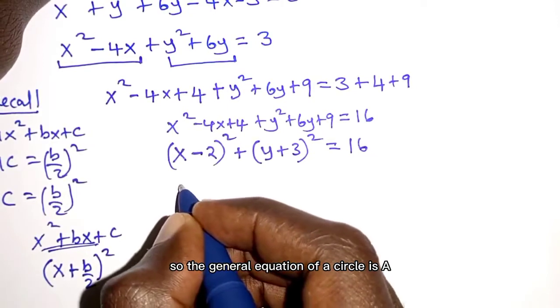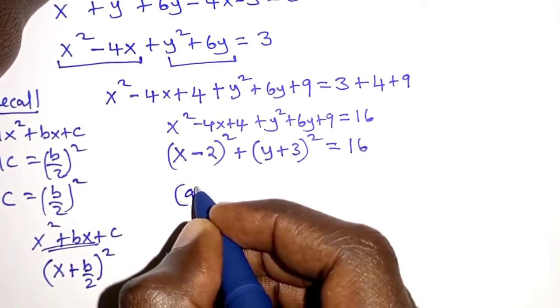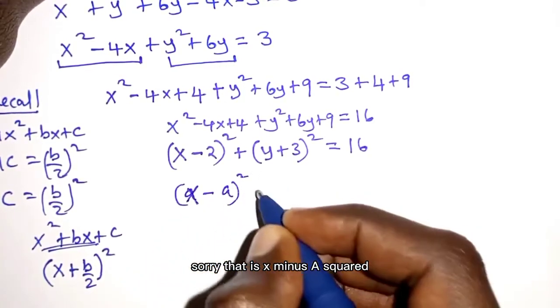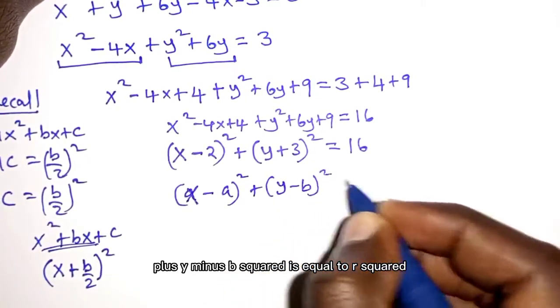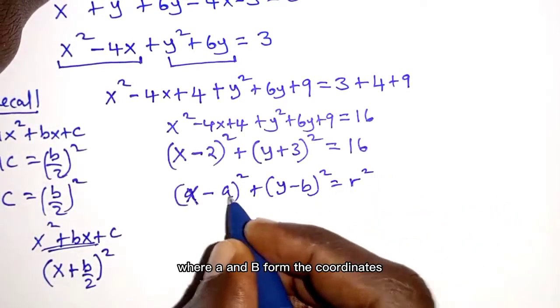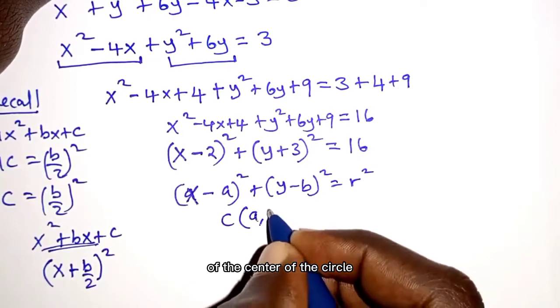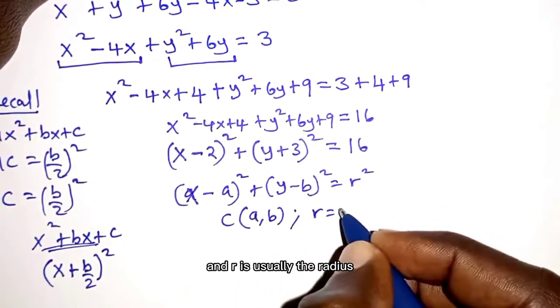So the general equation of a circle is x minus a squared plus y minus b squared is equal to r squared, where a and b form the coordinates of the center of the circle and r is usually the radius.